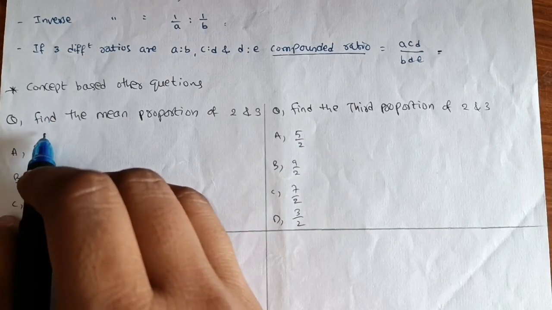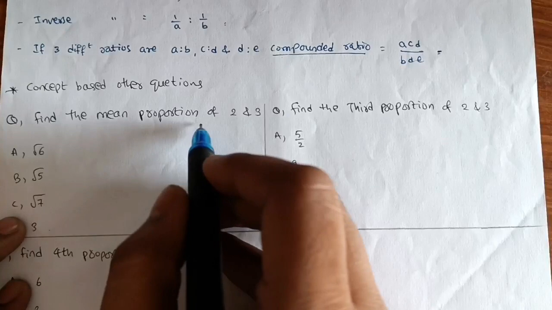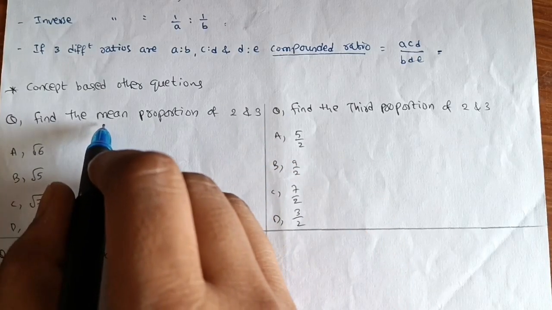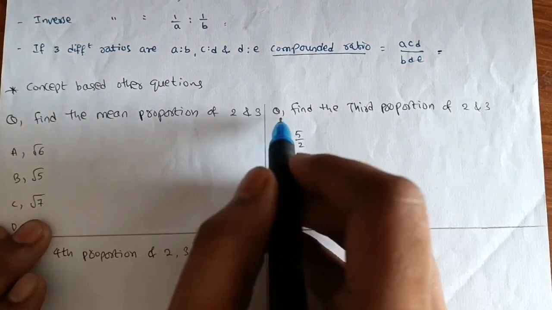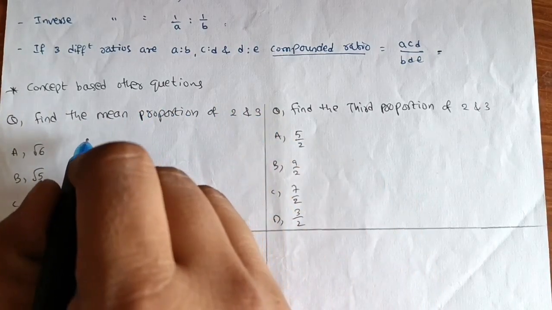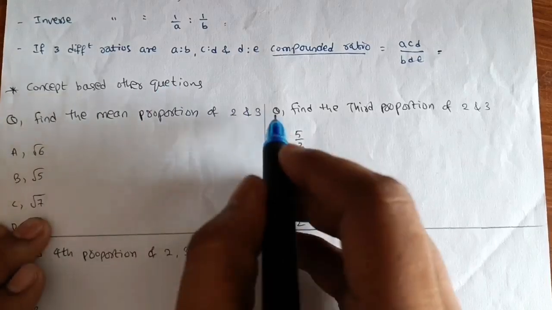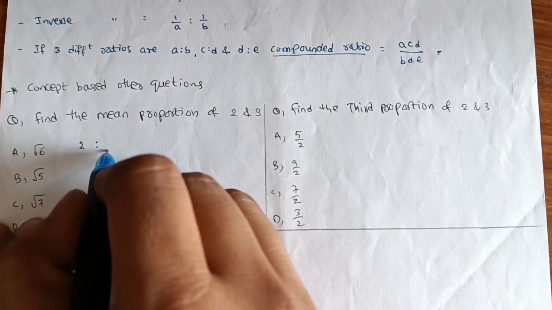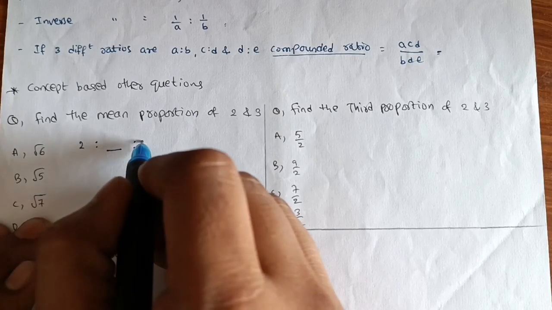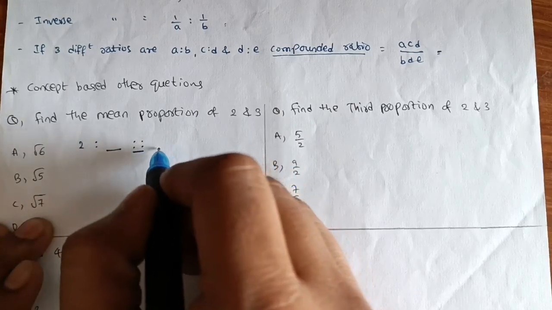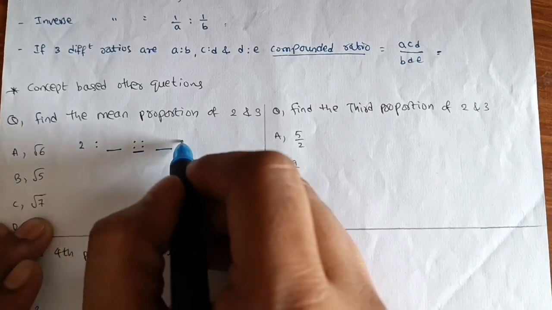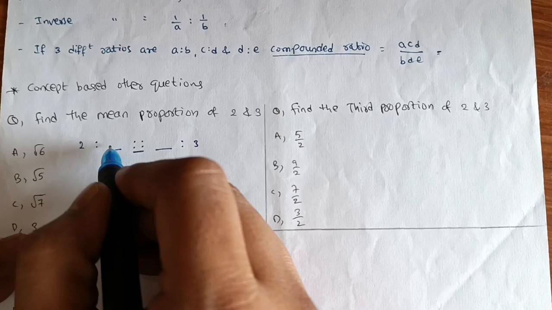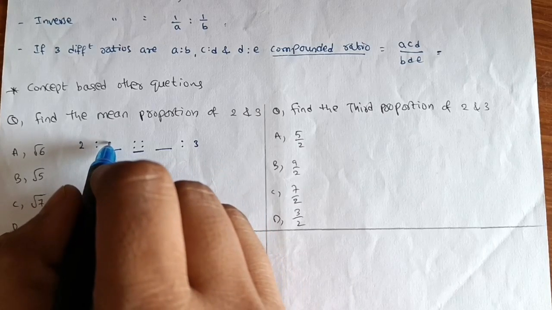At the very first, we have the question: find the mean proportion of 2 and 3. If the question is like this, then you write 2 is to, leave a gap, and then the same ratio, gap is to 3. In this gap you fill one variable for reference, let it be x.